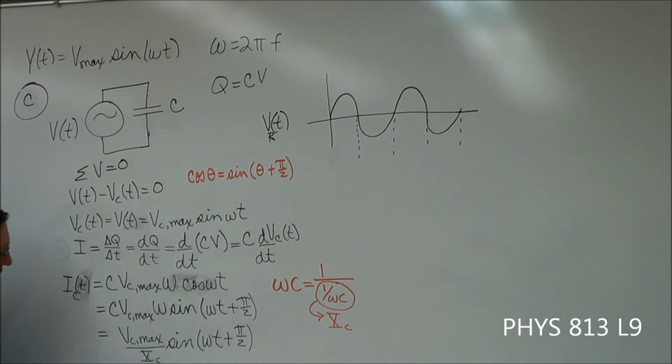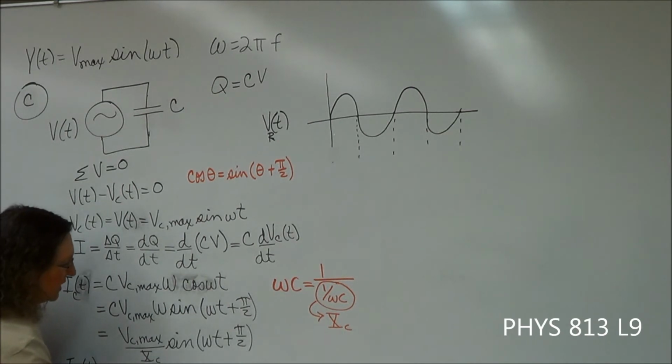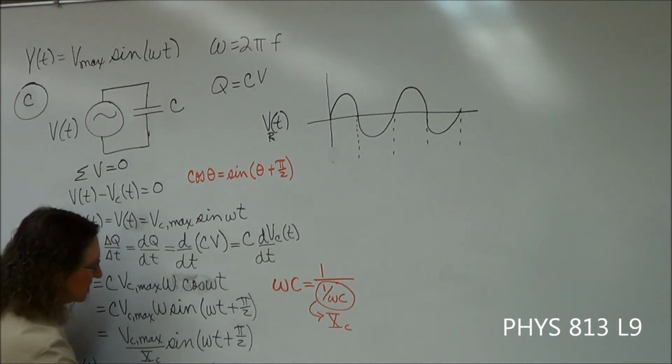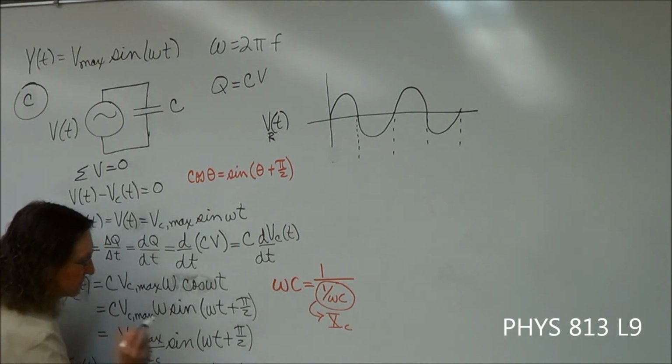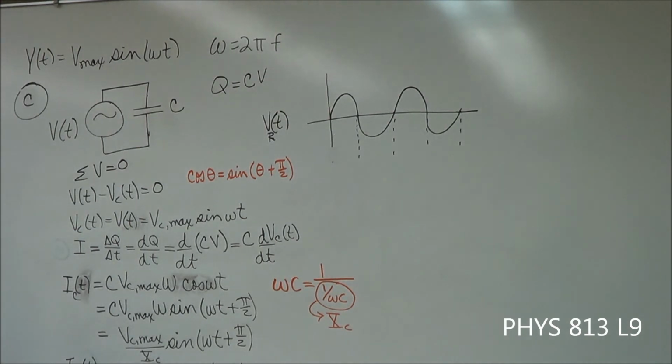So over here we're going to have the current for the capacitor as a function of time, and then this part right here is going to be I C max, and then we have times sine of omega t plus pi over 2. So this equation looks like our equation for current, except instead of maximum current for a resistor, we have maximum current for a capacitor.